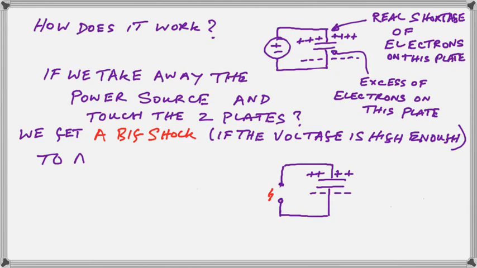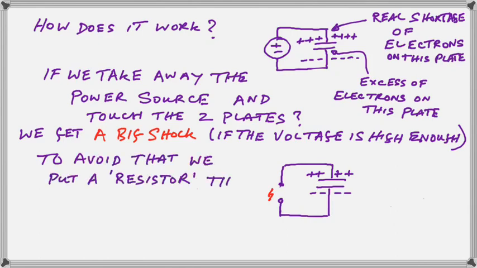Now we are going to have a look to see how we could possibly discharge this capacitor without causing destruction. If we put a resistor there instead of our fingers, the charge will gradually dissipate in a slower fashion.